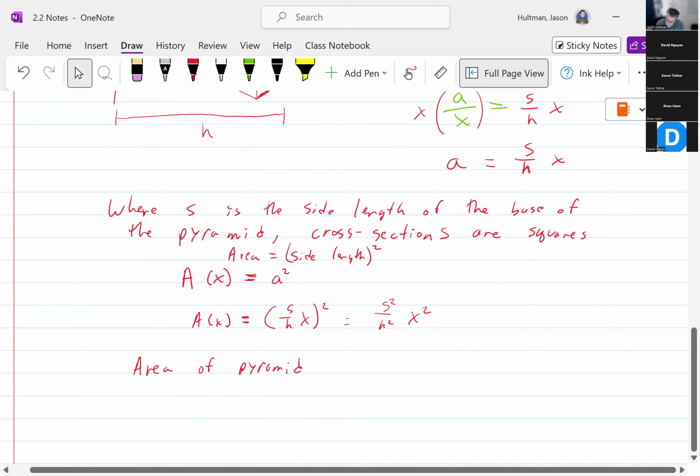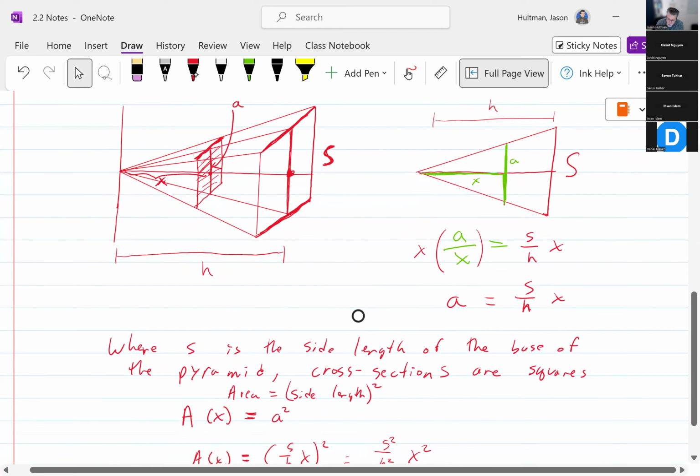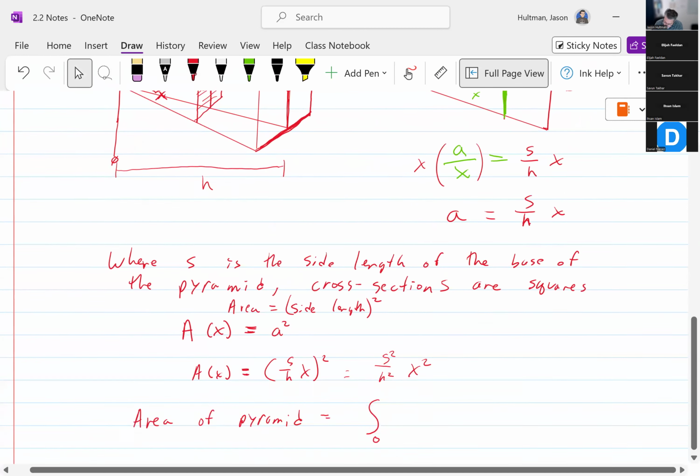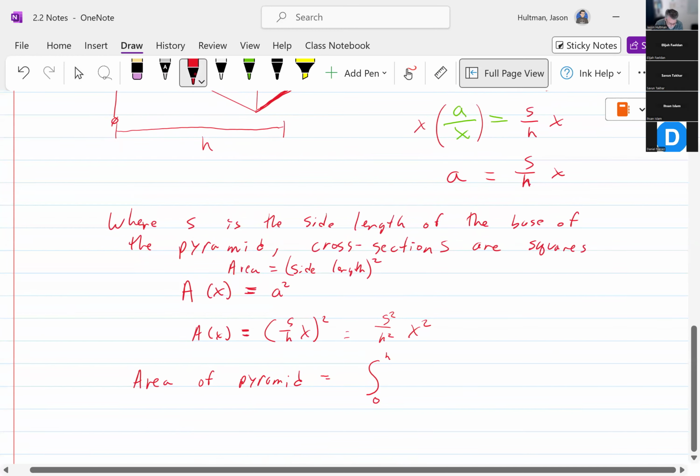Let's use an integral to do that. We're going to integrate from X equals 0 to X equals what? How far out will X go? X will go from 0 to H. Thank you, Elijah. Yes, it will go out to H. And then this is just S squared over H squared times X squared dx.